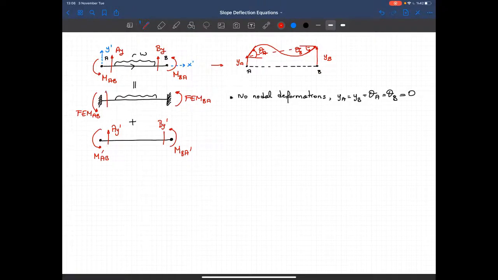Of course, we have these shear forces here too. And these moments or these end forces will occur due to the end displacements. So we call this only nodal deformations.